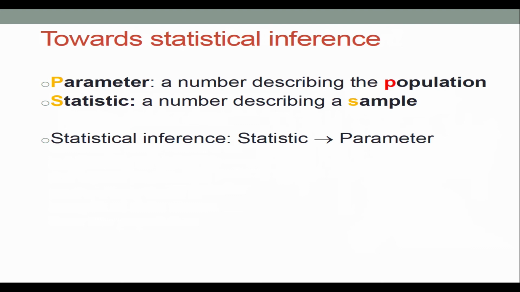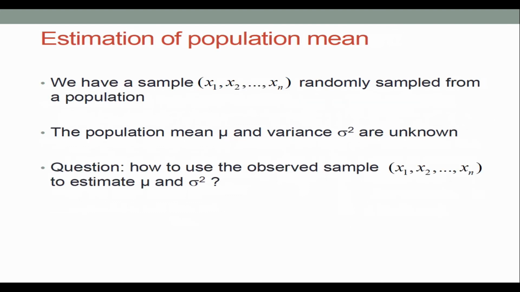Now let's talk about the estimation of the population mean. Lots of times we need to estimate the population mean. First of all, we have a sample of n observations, x1, x2, up to xn. Those are the observed values, and we assume those n samples are randomly sampled from a population.